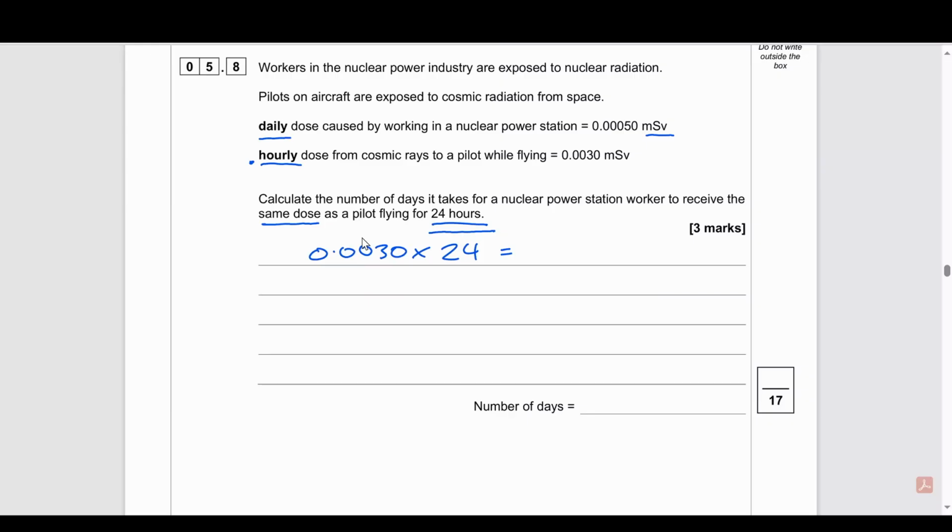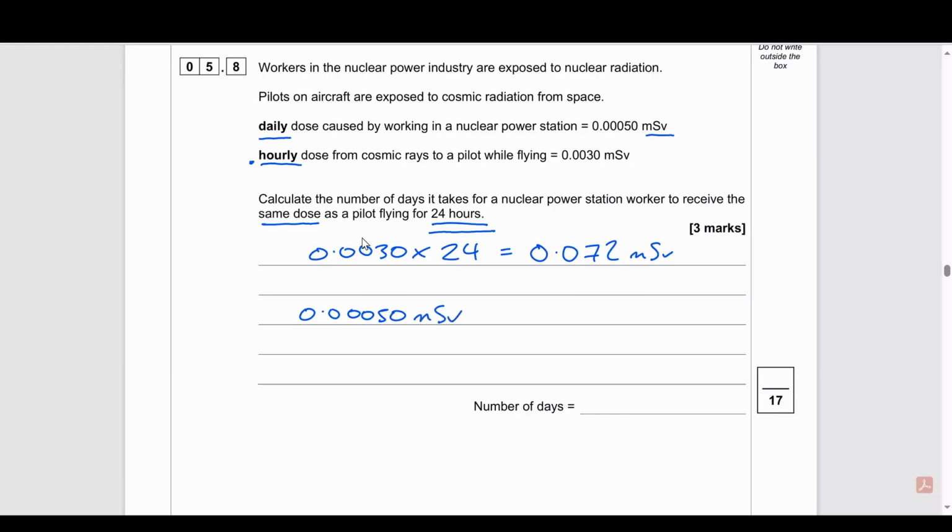Just multiplying the values together gives a value of 0.072 millisieverts. But remember that our daily dose for a person working in a power station is 0.00050 millisieverts.